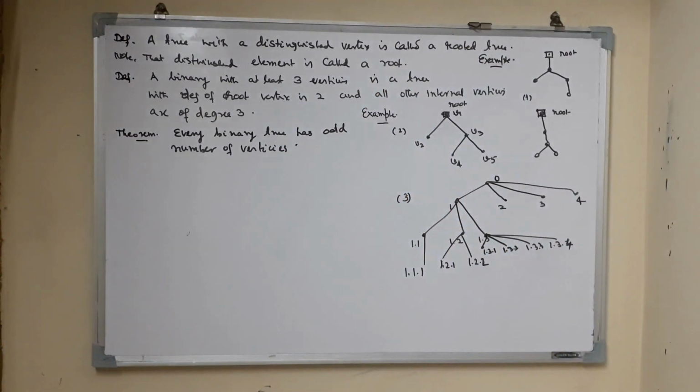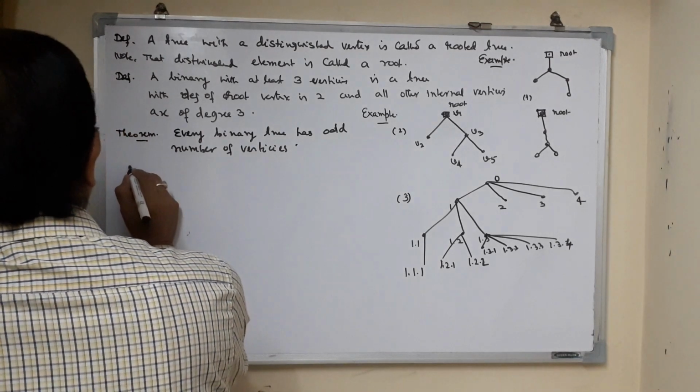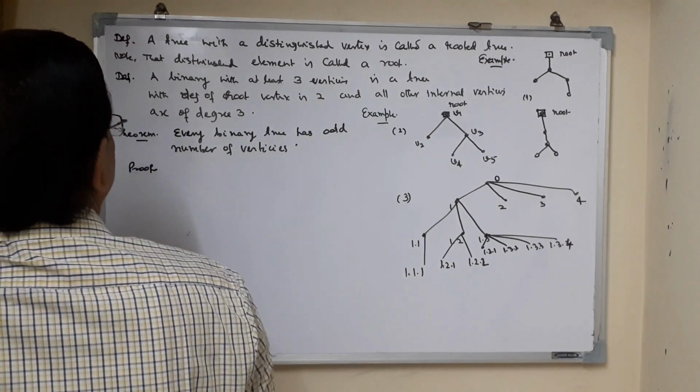That means there is no binary tree with an even number of vertices. That's a very interesting result. So let us write down the proof.